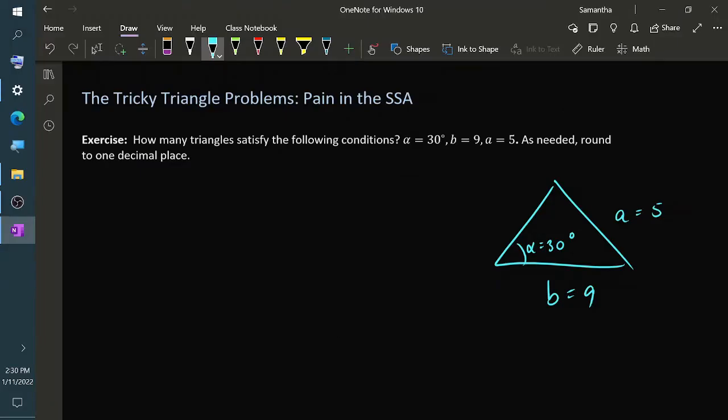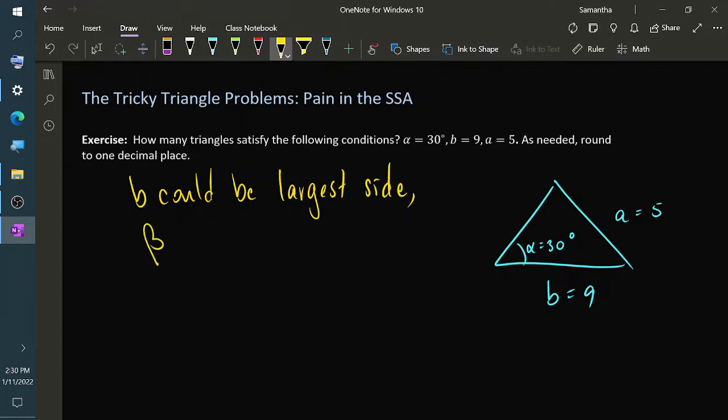In this problem, we no longer have that guarantee. The side labeled A is much smaller than B is. So the odds are quite good that B is the largest side in this triangle. Potentially, C is something like 7, for example, which would make B the largest side. B could be the largest side, which means that beta very well could be larger than 90 degrees.